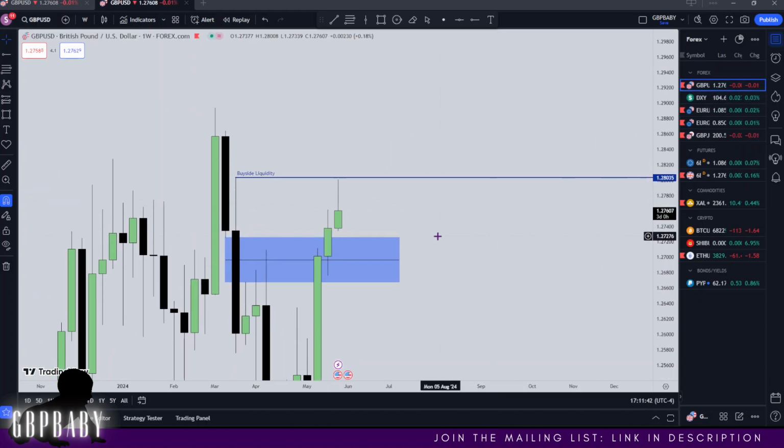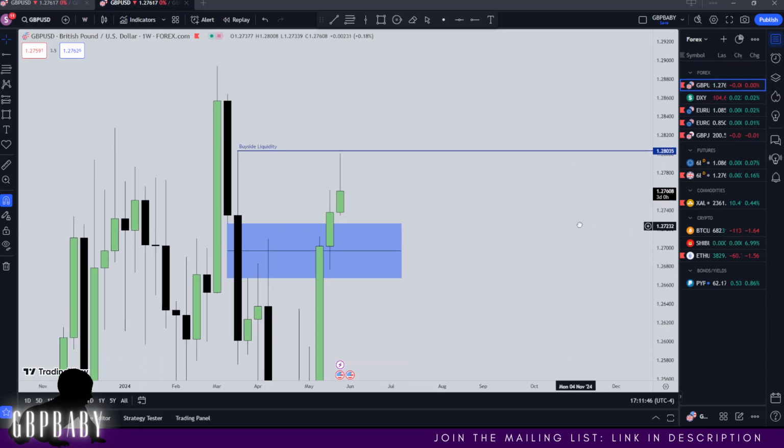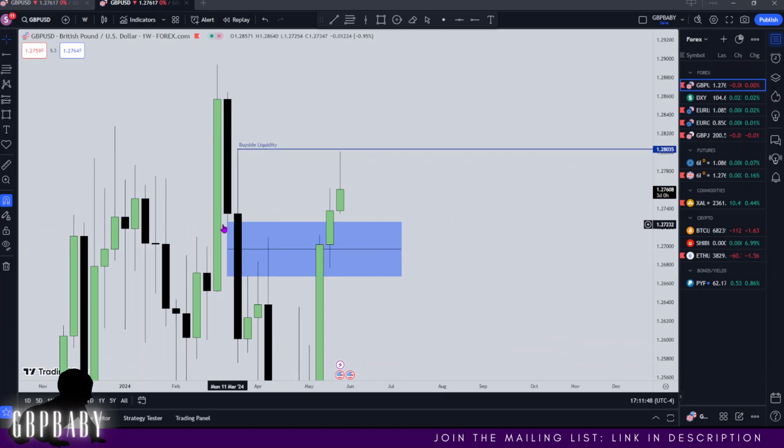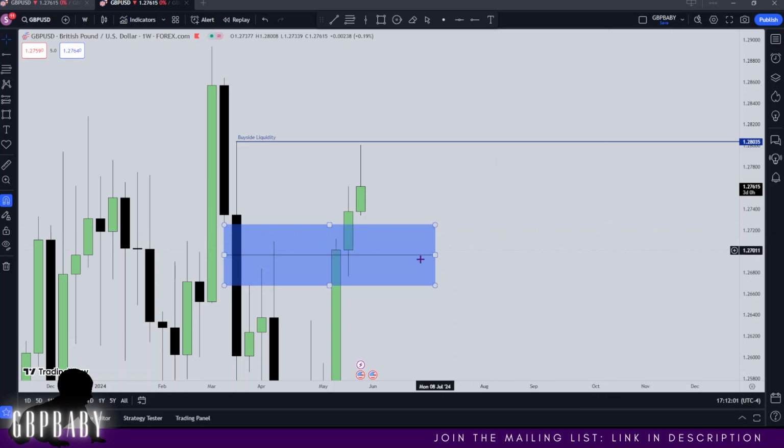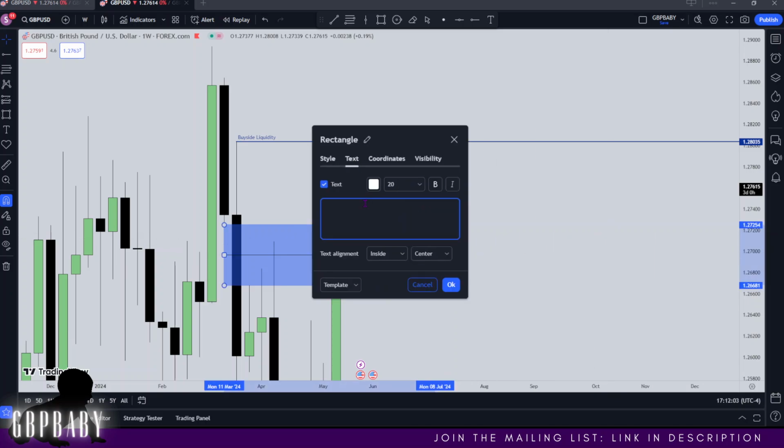And our first stumbling block, or PD array, in the discount that price will have to trade to is going to be this implied fair value gap, as in this is what we should see provide support, and whether this provides support or simply gives way is going to help us know whether we should be continuing to go long or short. So let's drop down to the lower time frames, but first let me just write weekly inversion fair value gap. We can put IFVG for that.